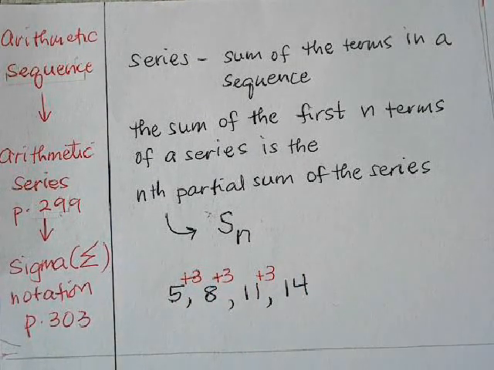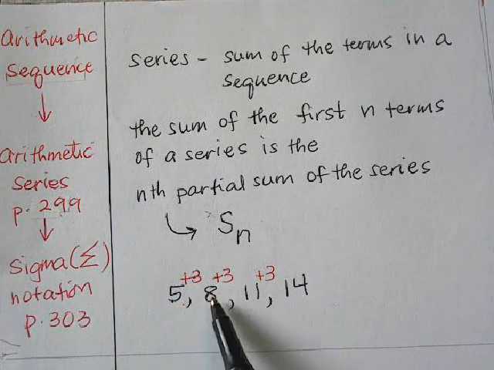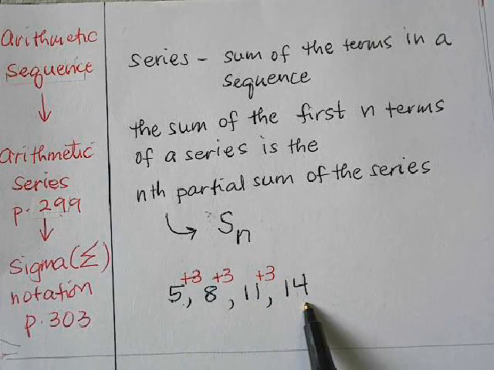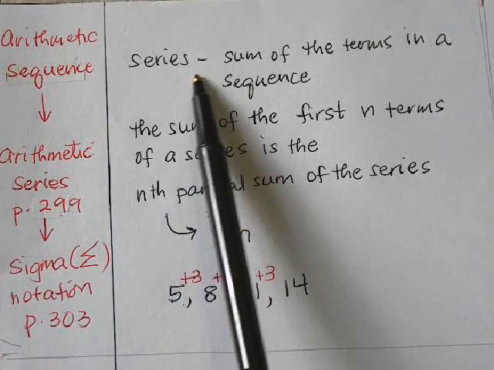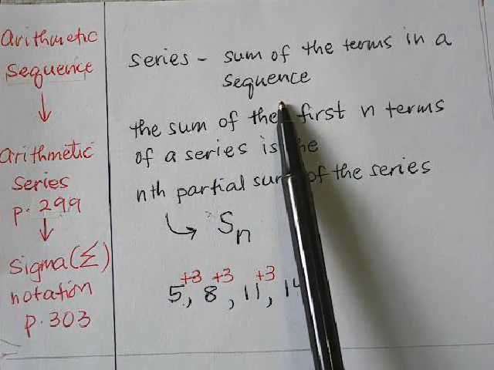Now, what is a series? A series is when I ask you to add all the terms, or the first terms, of your sequence. So a series is the sum, meaning addition, of the terms in a sequence.